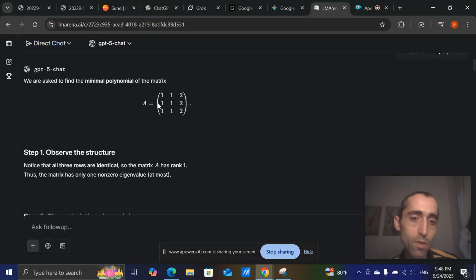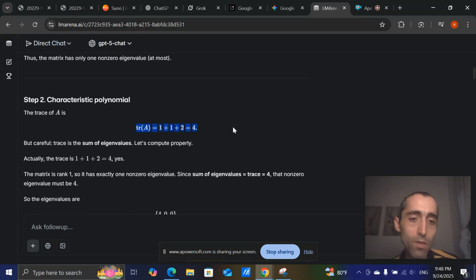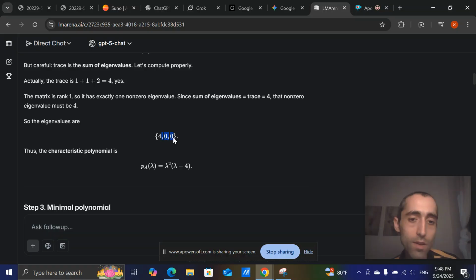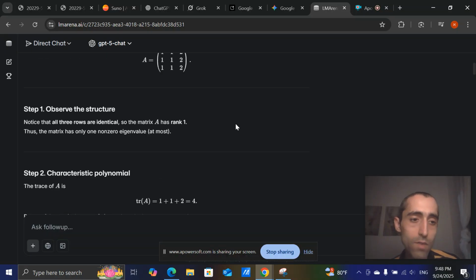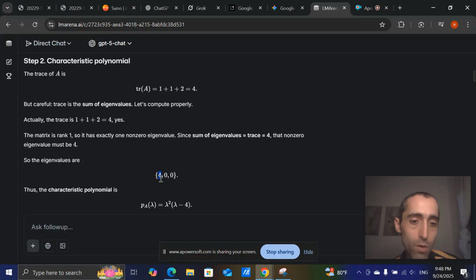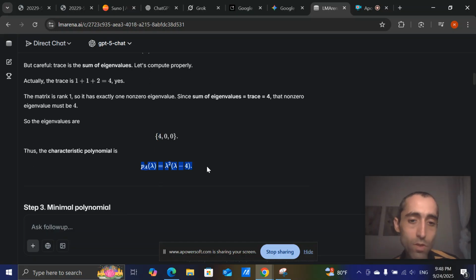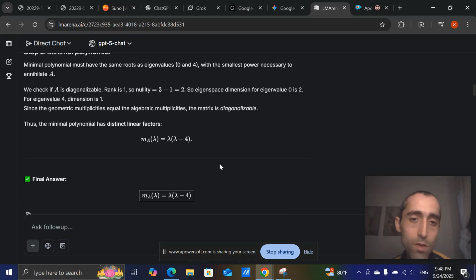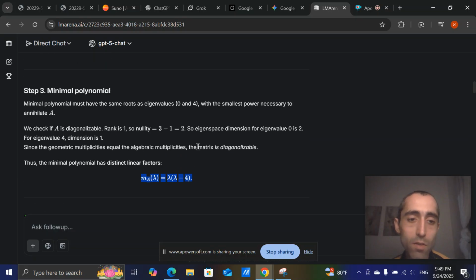Let's see it. So this is our matrix. Again, this is the trace, and I can know that there are two eigenvalues that are 0 and one eigenvalue that is 4. As we said, this must be the characteristic polynomial, because we have two eigenvalues which are 0 and one which is 4. And we have the minimal polynomial, because this matrix must be diagonalizable, since algebraic and geometric multiplicity are equal for both eigenvalues.